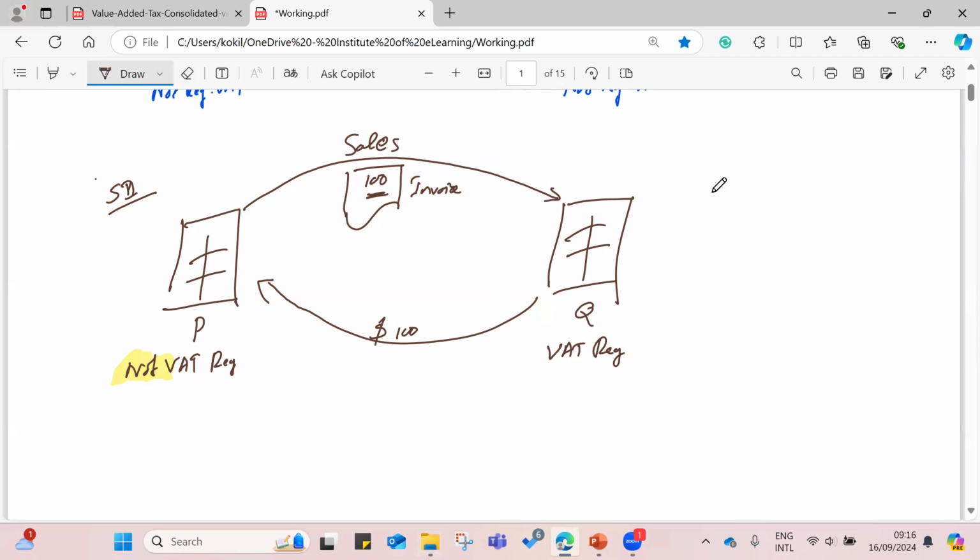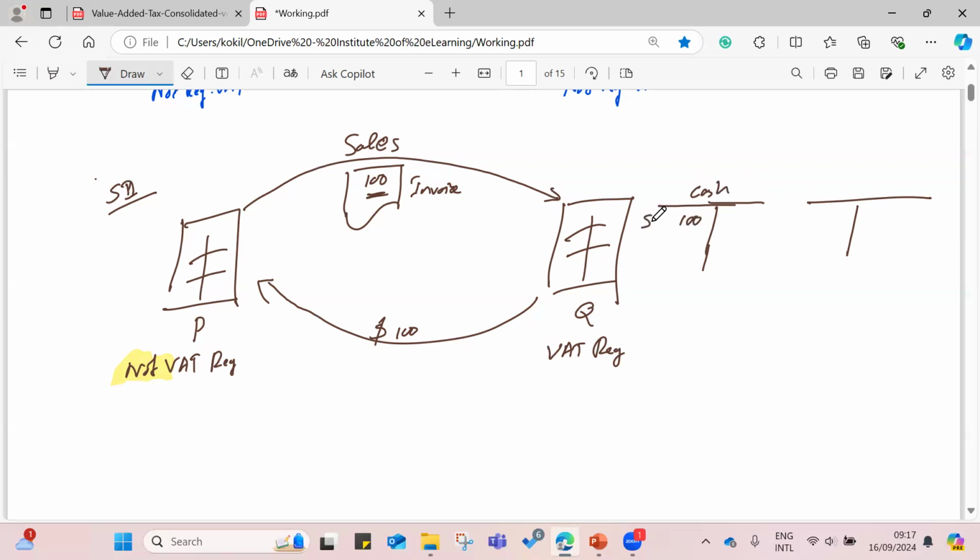Now in the double entry, you know how to record sales and cash, right? When you receive the cash, you debit cash, and you credit sales. Here you are dealing with only two accounts. One is the cash account or debtor, where you debit 100.